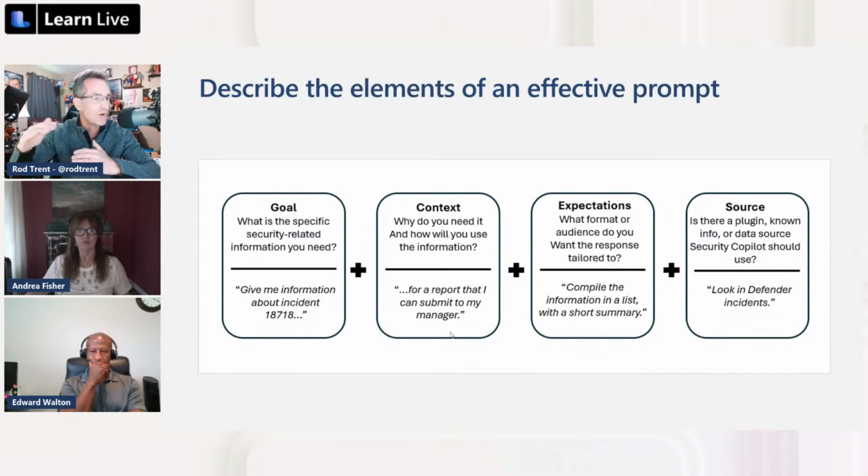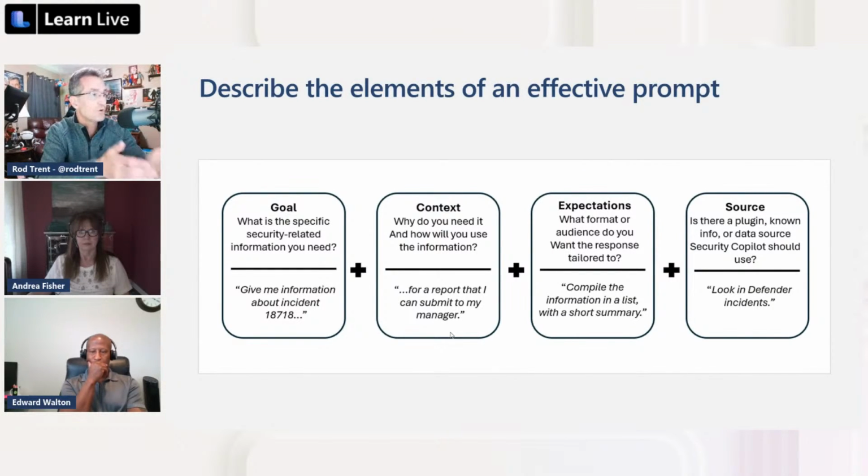My manager requires that all of my reports are in a list with a short summary. He doesn't want to read pages and pages of information. And also, I want this information from Defender. I don't want it from Sentinel. Our two teams are kind of separate. We have a Defender team, we have a Sentinel team, or maybe a Defender team and a Splunk team. I only want this stuff from my team, Defender. This is where I want this information for a report for my manager.